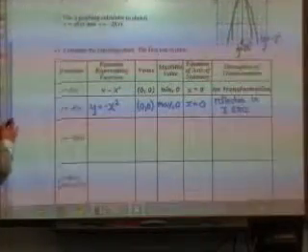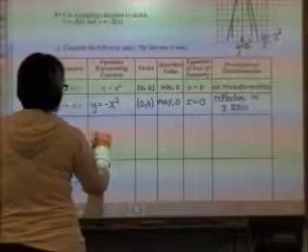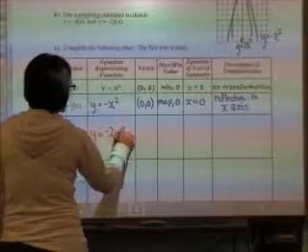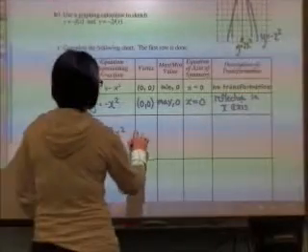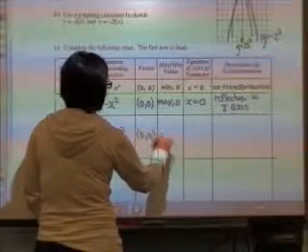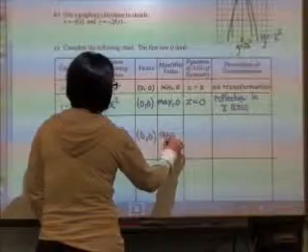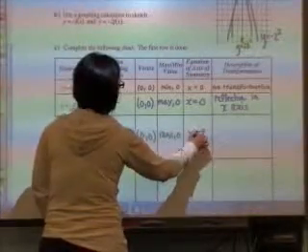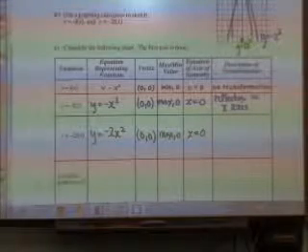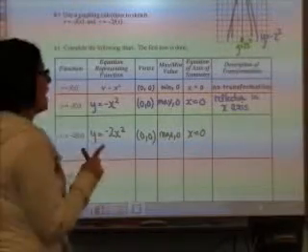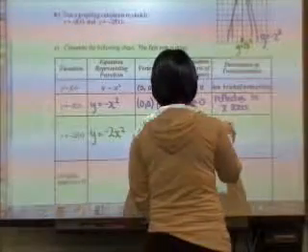So now if I look at the green graph, which was y equals -2x squared, the vertex is still 0 and 0. It still has a max of 0 and an axis of symmetry where x is equal to 0. That hasn't moved. I still have a reflection in the x-axis.